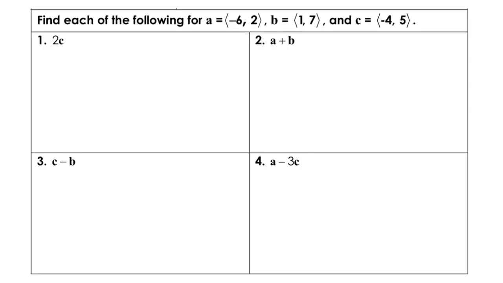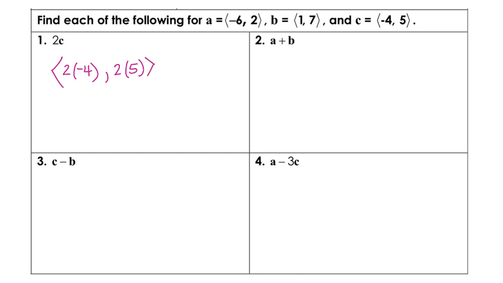So going through some of the examples that we have here, notice for the first part they want us to multiply 2 times vector c. In order to do that, we're going to say 2 times negative 4, comma 2 times 5.